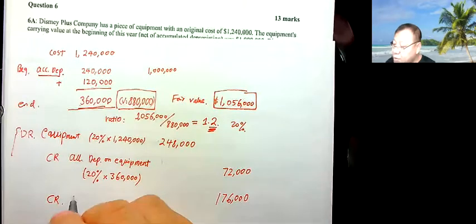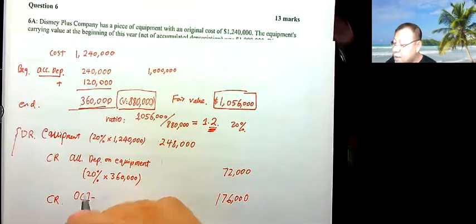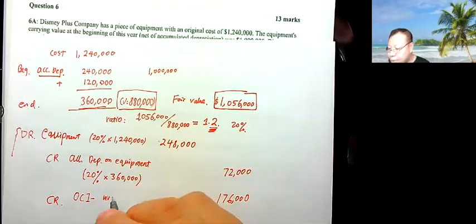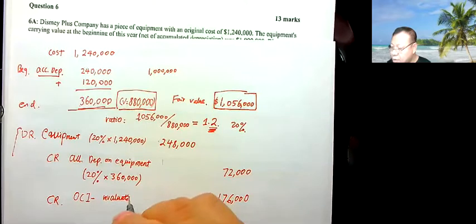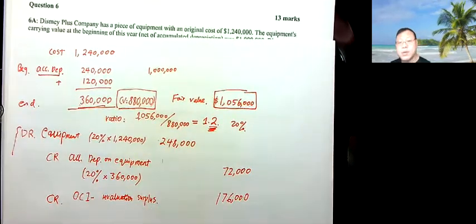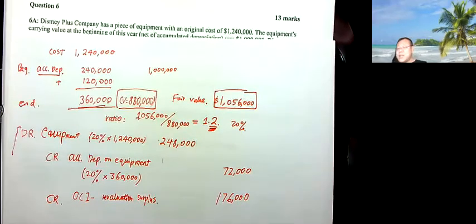This will be your OCI, revaluation surplus. Okay, this is my proportional method.